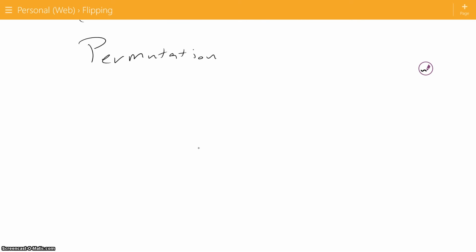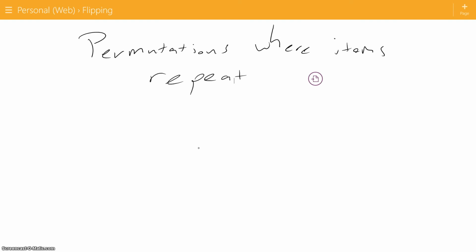So we've talked about permutations without replacement, but what if we've got permutations where items repeat? Well, let's say I want to find out how many different ways I can arrange the letters of the word success.